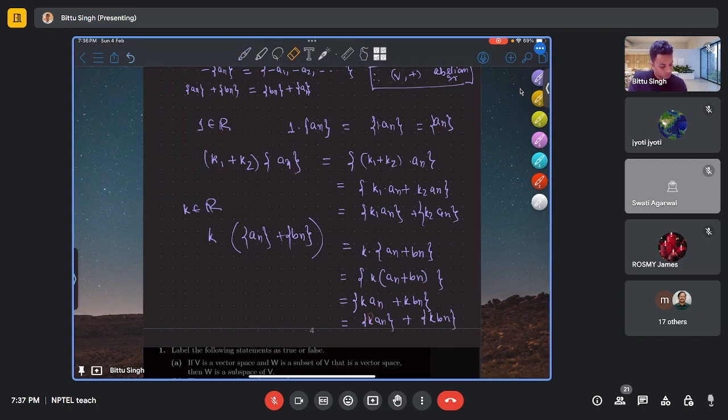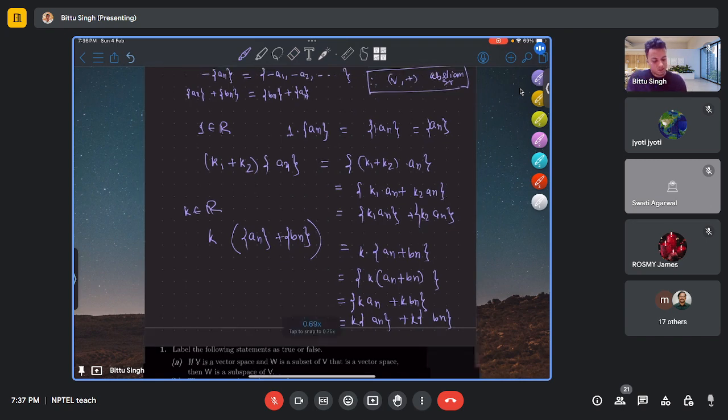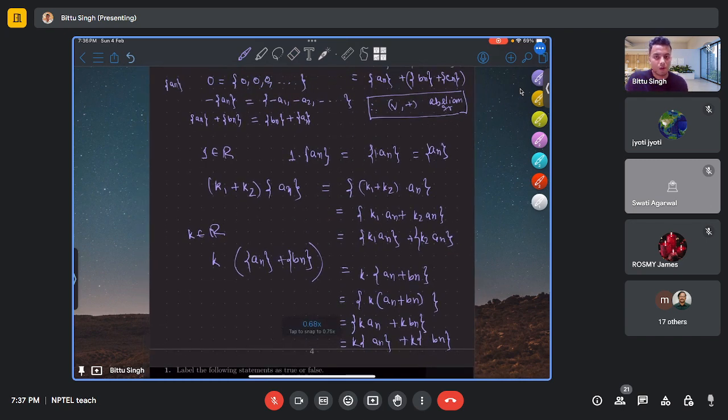So take k outside. So now you can see that all the properties of scalar multiplication are working. So you can say now that V with addition and multiplication is a vector space.